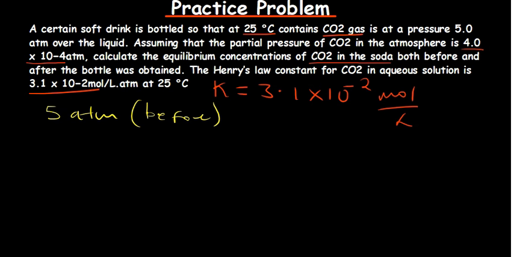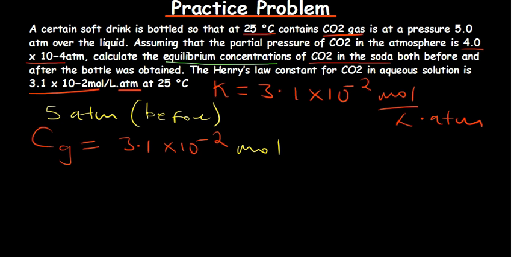To determine the solubility at these two different partial pressures, that is before the bottle was opened, the solubility of carbon dioxide, we can use Cg to denote the concentration. The Henry's constant was 3.1 times 10 to the power negative 2, and there is also L dot atm there, so that means we have moles divided by L dot atm.